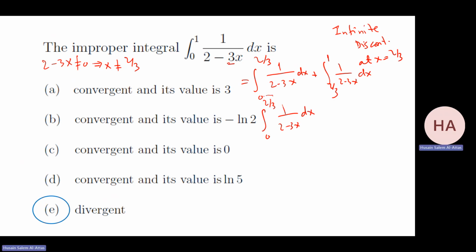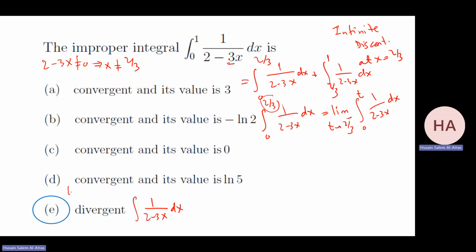My problem is with this one. So that will be the limit as t goes to 2 over 3 from the left of the integral from 0 to t of 1 over 2 minus 3x dx. Let me do the integral here. It will be ln of something, so that will make it blow up, going to infinity or minus infinity.